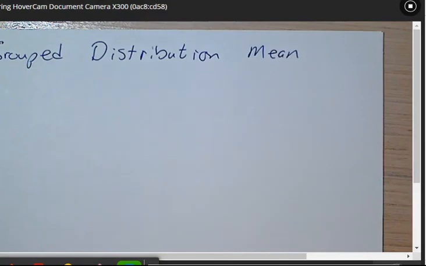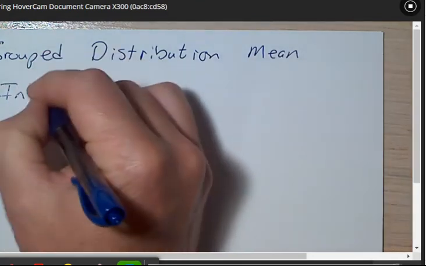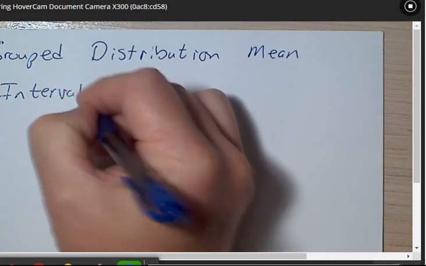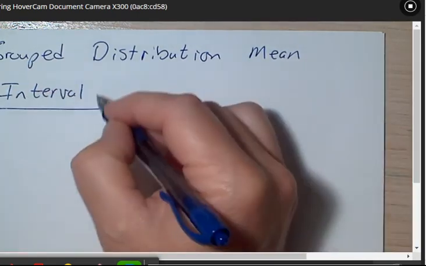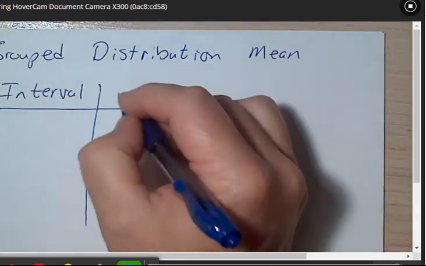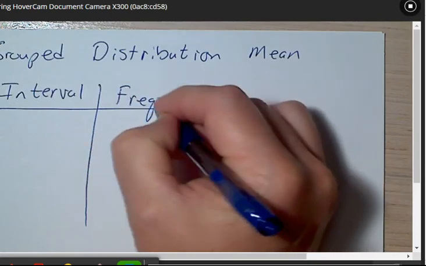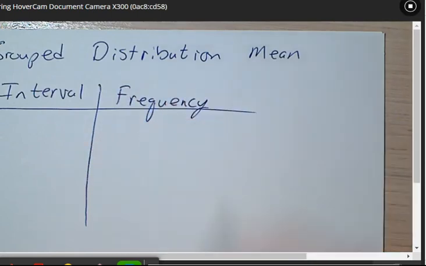It looks a lot like the very first graph, the grouped frequency distribution that we did in the first one. They'll set it up like this. They'll give you an interval, and they give you a frequency. So this will look exactly like what we did in the very first part of section 1 earlier.